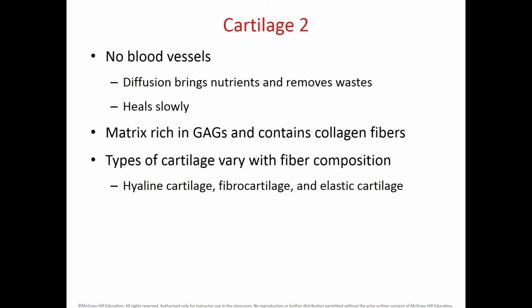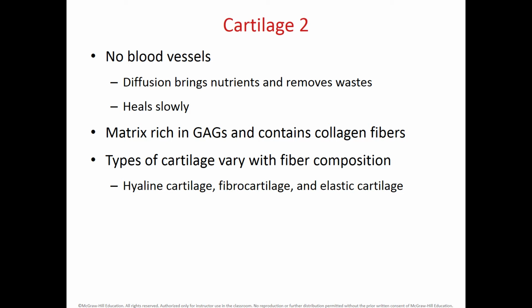Now, the matrix of the cartilage is made out of glycosaminoglycans, and it also has collagen fibers at different levels. Some types of cartilage have more collagen fibers than others, and that gives them different densities.